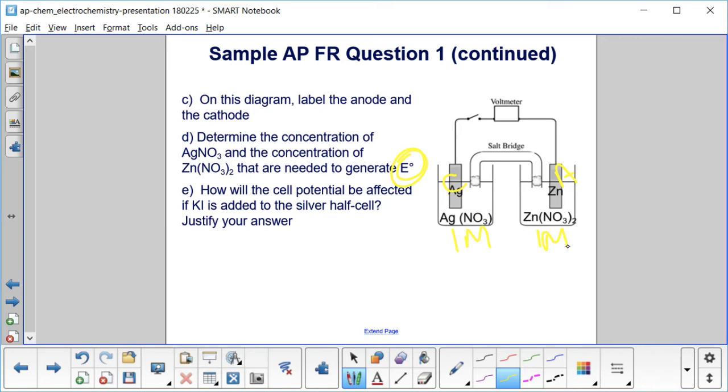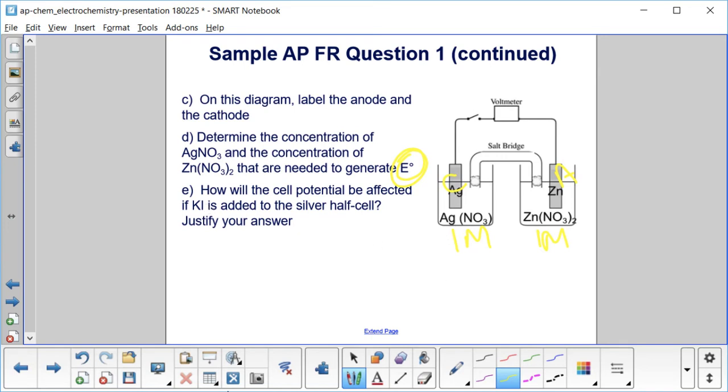And then finally, part E, how will the cell potential be affected if potassium iodide is added to the silver half of the cell? If potassium iodide is added, then these silver ions that are here from the silver nitrate are going to form a precipitate with the iodide ion.